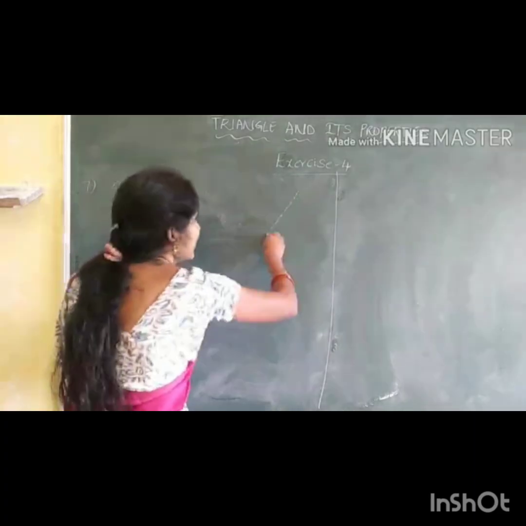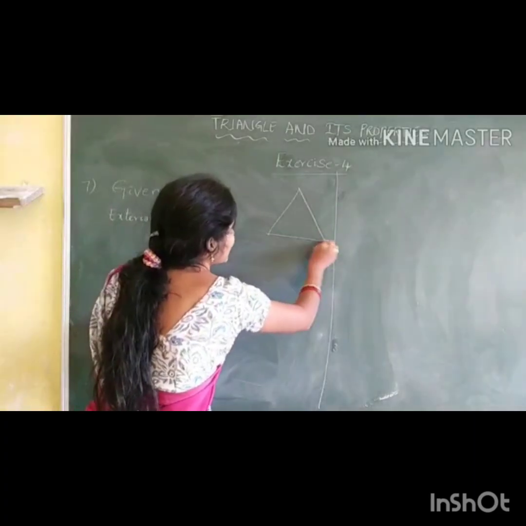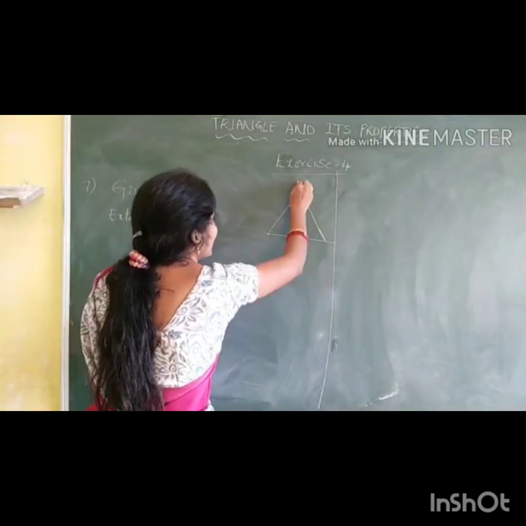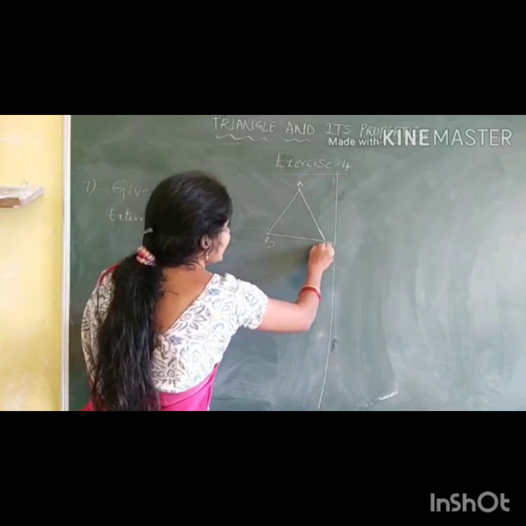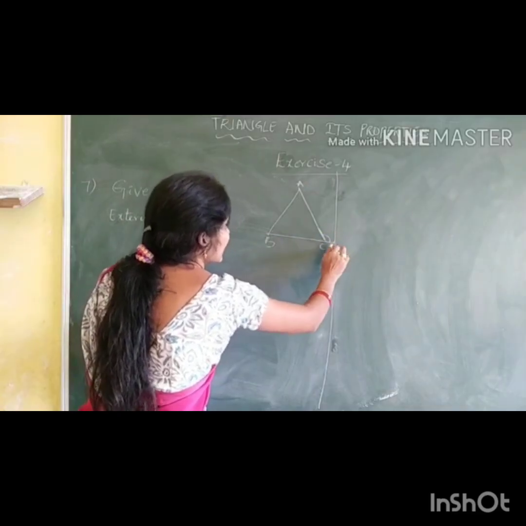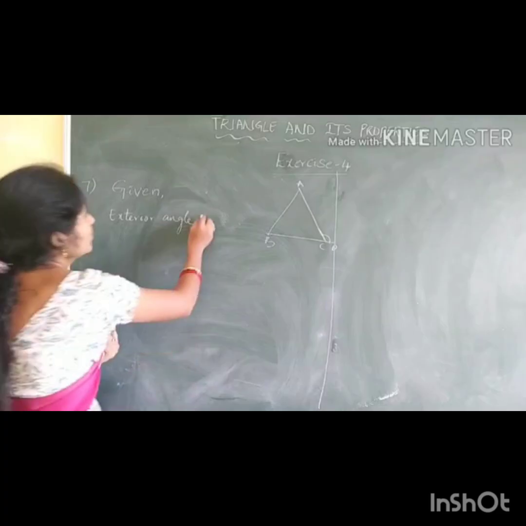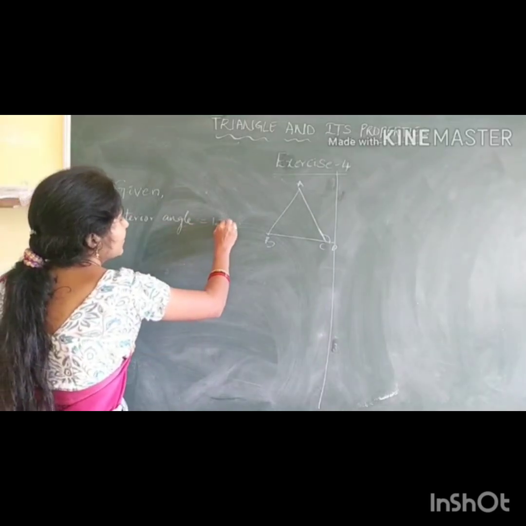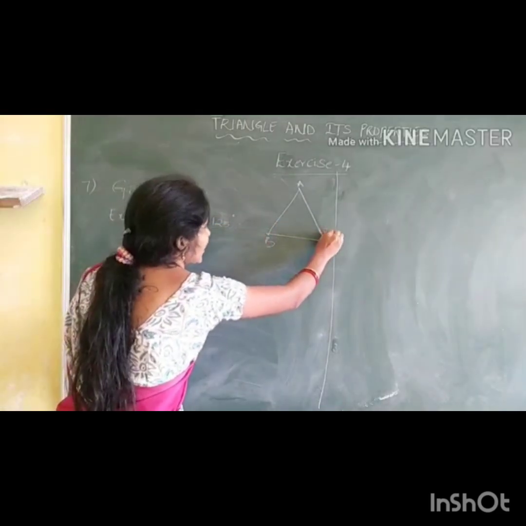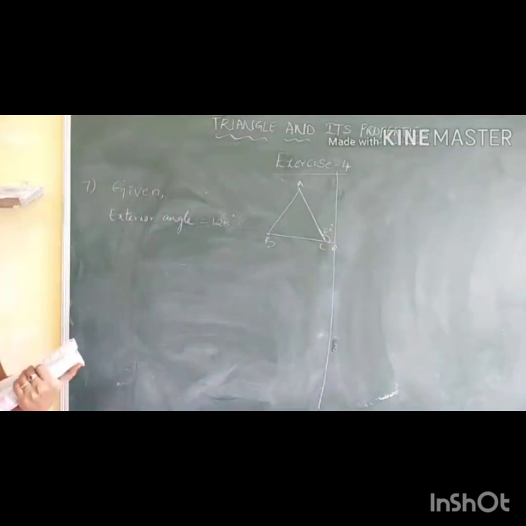So let us draw a rough diagram. Triangle ABC. Here an exterior angle is there, and that exterior angle they gave as 125 degrees. If you draw a diagram, then you can easily get an idea about that sum.